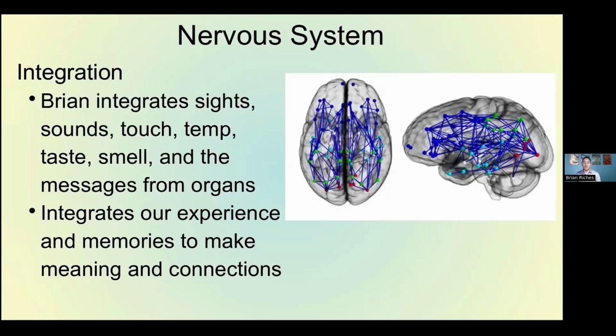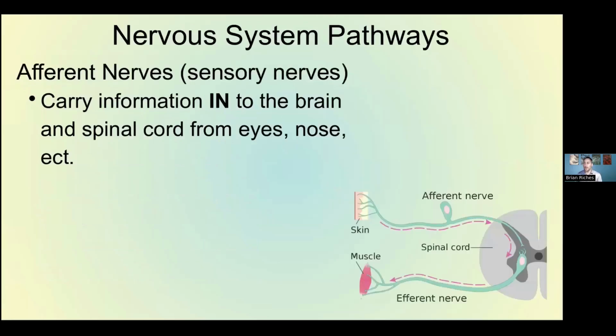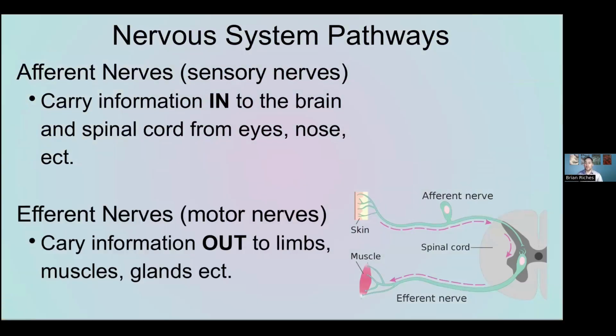So now that we know that the brain is relatively plastic and does this integration, let's talk about a couple key components of the body. So one is afferent nerves. These are the sensory nerves. They're carrying information in. So again, the afferent nerve would be giving the message that, oh, this microphone is really hot for some reason. Efferent nerves carry messages out, so to the muscles.